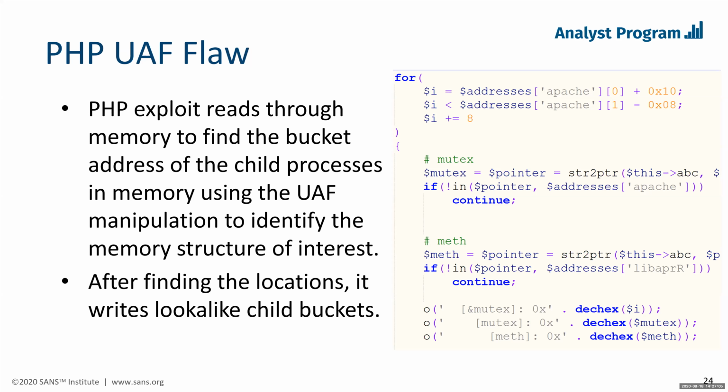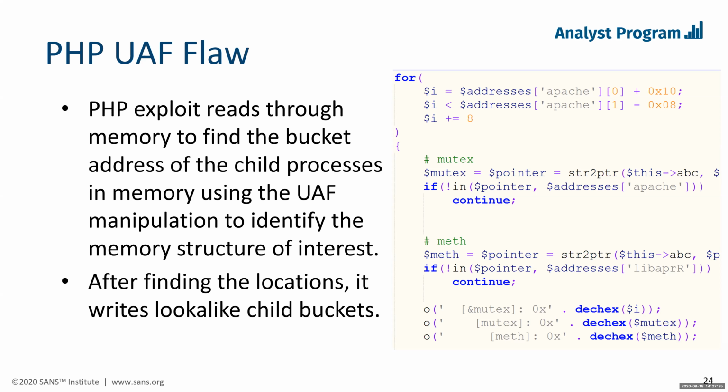Now, the bucket address refers to an Apache web server memory structure. This gets very complicated in terms of the memory objects which are in place. I talk about it a little bit more in the paper. I'm going to try to provide a clear summary of what's happening here, but again, the sequencing of this is fairly complicated in terms of how the memory in the shared memory area needs to be restructured.